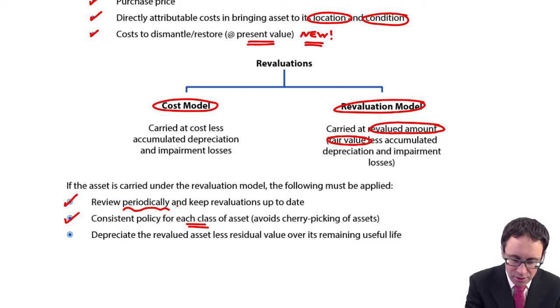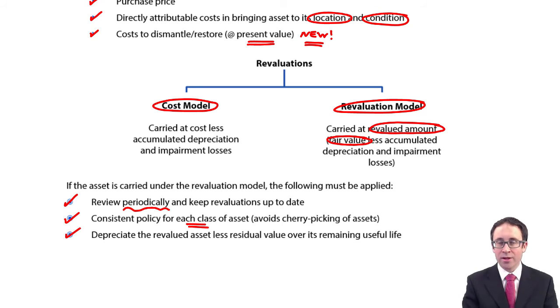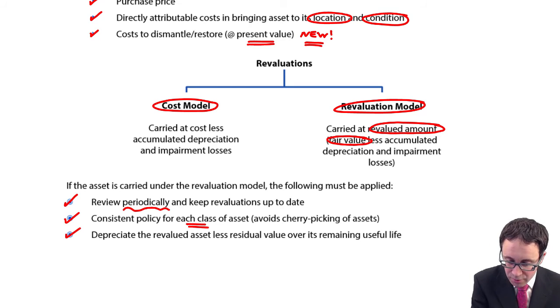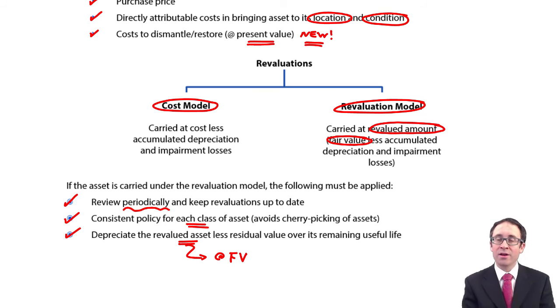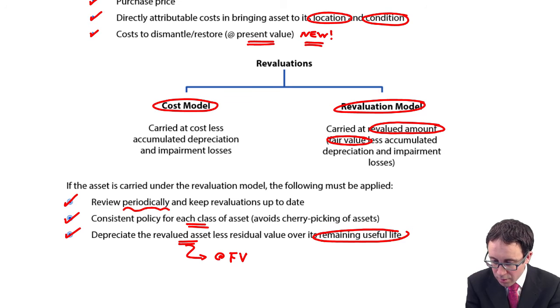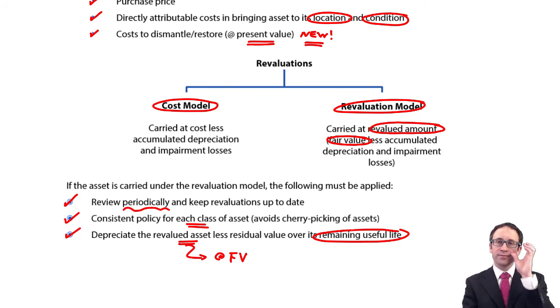And I think one of the key bits that you've got there is that when you then revalue it to fair value, you depreciate the revalued asset. So remember, the revalued asset is at fair value, isn't it? So you depreciate that new fair value over the remaining useful life.